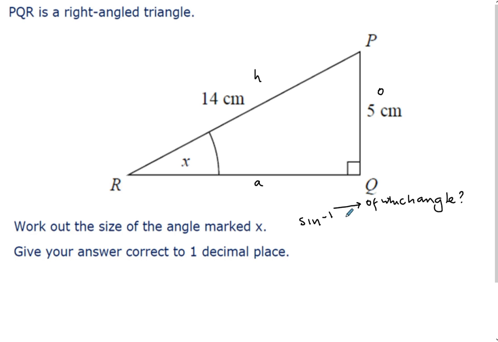Sine of which angle is O over H, so 5 over 14. And there's no equal sign, we're just putting sine minus 1 in brackets 5 divided by 14. Okay, and you get 20.9 degrees. Okay, let's look at another one.